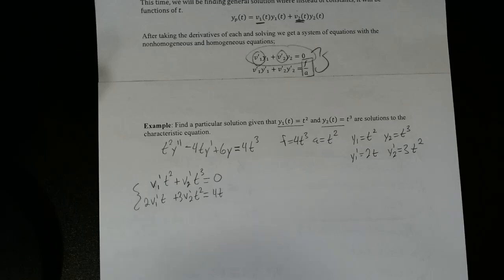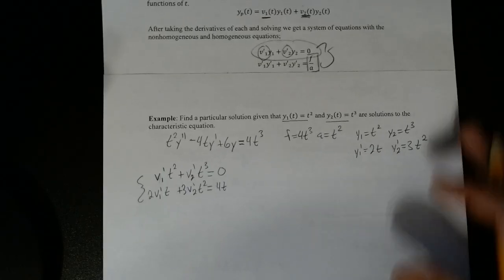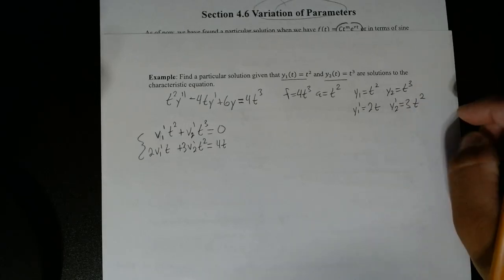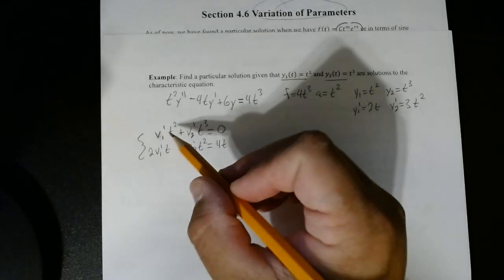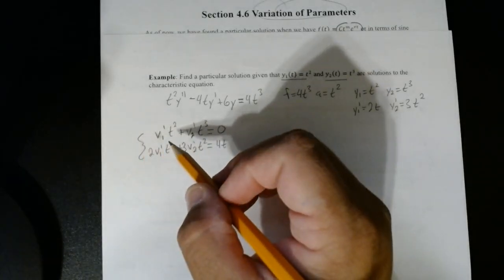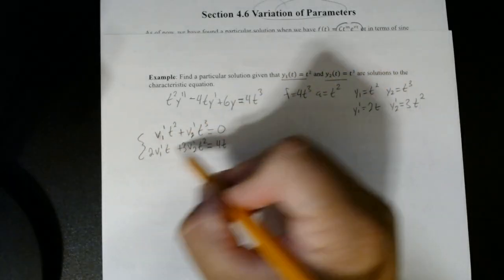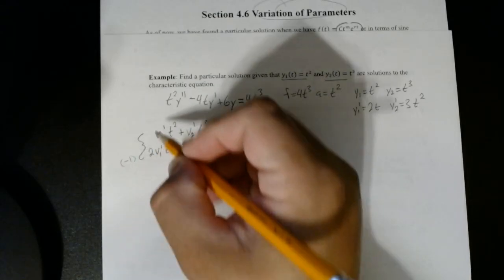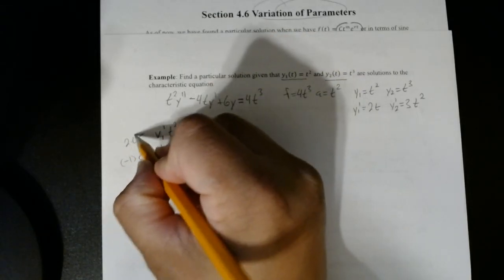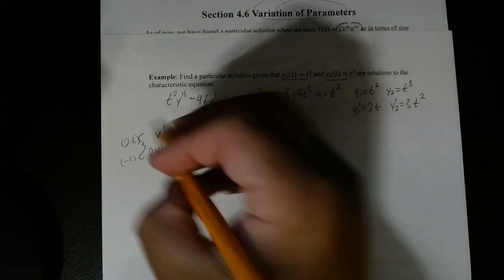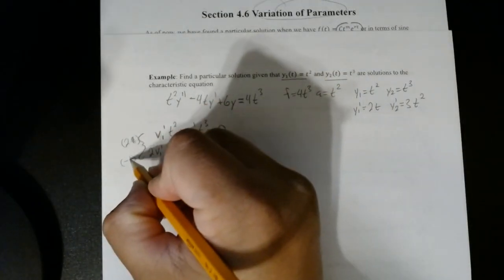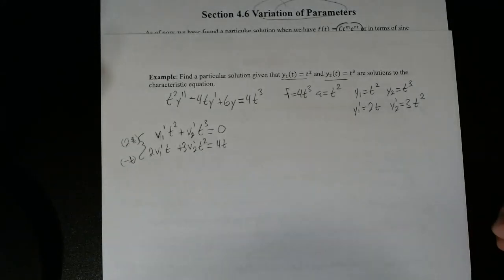Okay. All right, so solve for the system. Elimination, substitution, probably you don't want to do graphing, right? So let's see what we can do. I guess what we could do is multiply this by -1 and this by 2t. Or actually, sorry, this by 2 and this by -t. Let's do that.